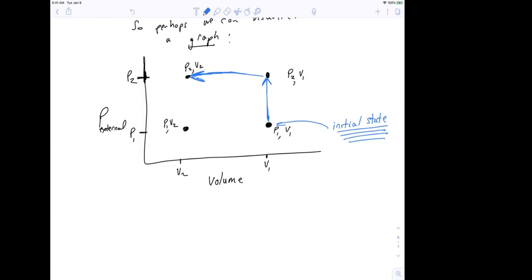Okay, so these are straight lines. And then this way. And then finally, this way. Okay. All right, so that's our process. So we're going to start here at our initial state, and let me label that initial state as 1. This is 2. This is 3. This is 4. Okay. And so that way we don't have any confusion.